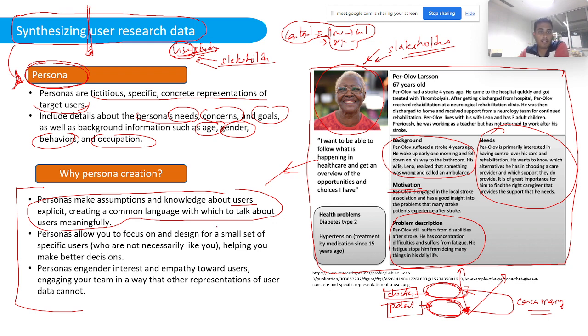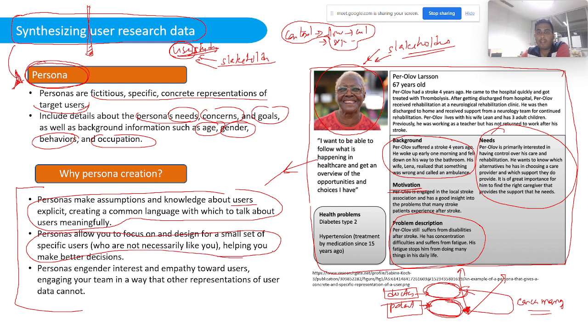Another important requirement for why we do persona creation is to focus our design on a particular stakeholder profile.